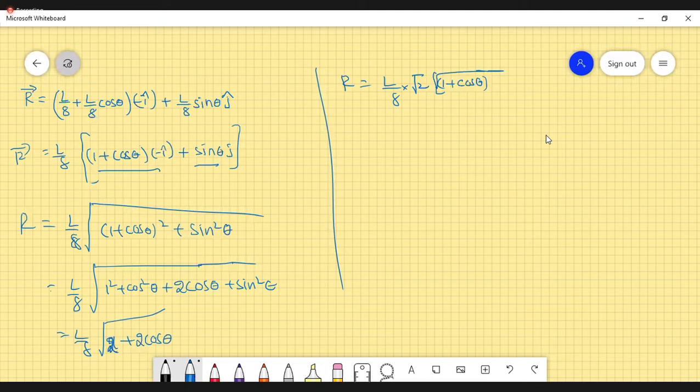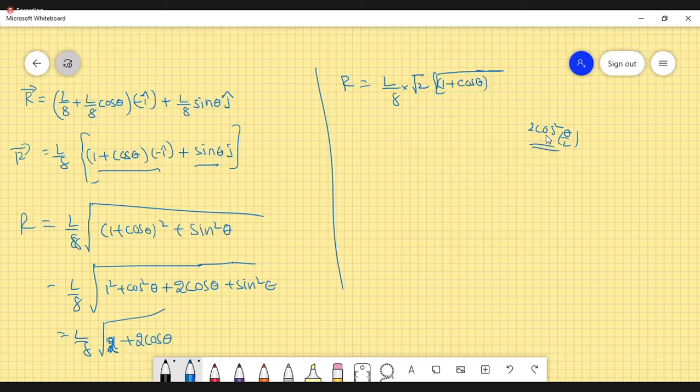So cos theta plus 1 is equal to 2 cos square theta by 2. So write 1 plus cos theta is equal to that, inside the root.